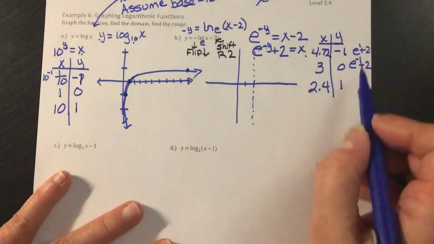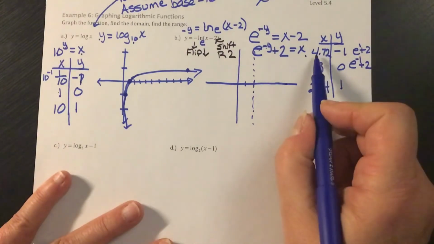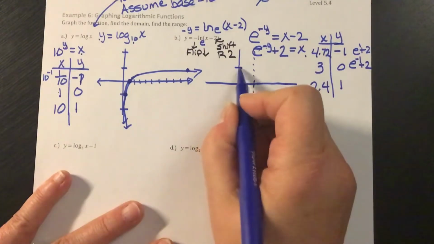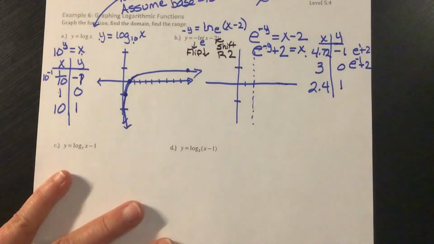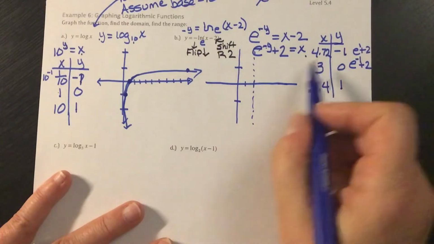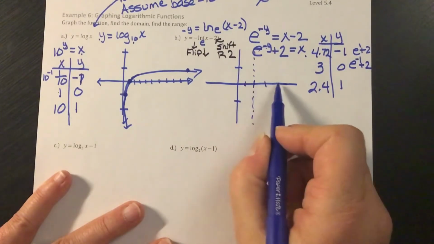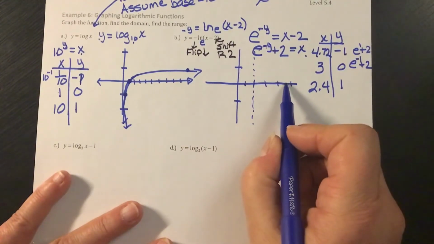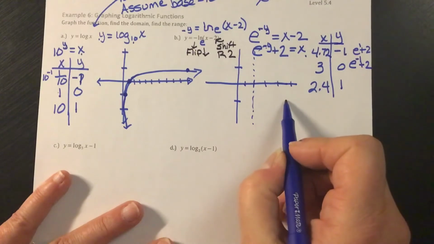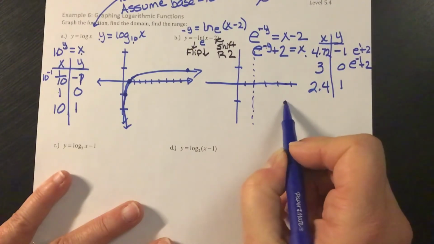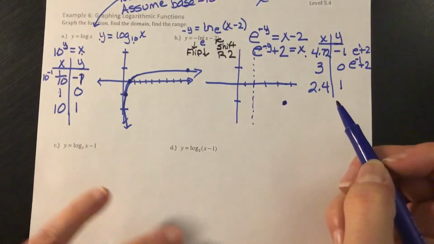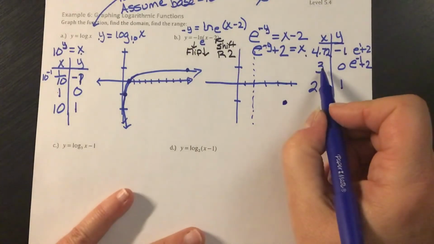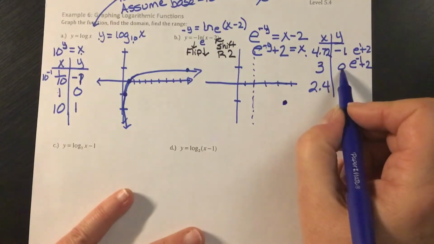All right, so let's plot these. So my x value, here's my y values. My x value is 4.72. Here's 1, 2, 3, 4, 5. 4.72 is close to 5, and I'm going down 1 for -1 for y. Then I have over 3 up 0.